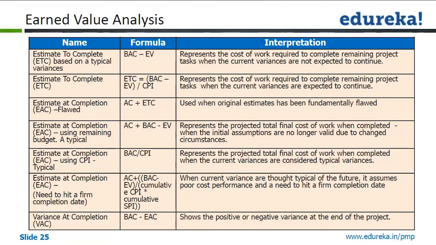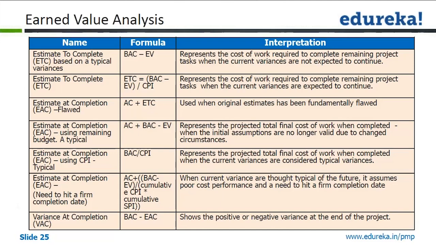The next formula for the same ETC is ETC is equal to BAC minus EV by CPI, which means that the cost of work required to complete remaining project tasks when the current variances are expected to continue.